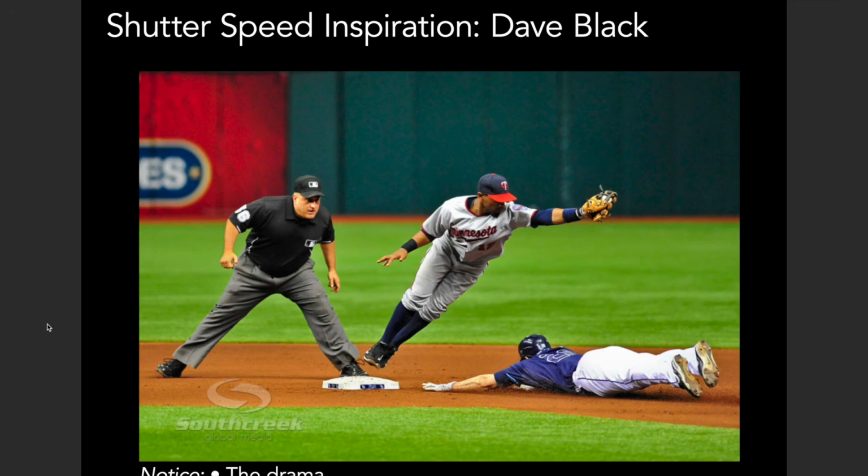But then again, you get that motion, right? They're both in the air. The dust is moving. You get the expression of the umpire. And it sort of fills that space really, really well. And everything he takes is with a fast shutter speed.